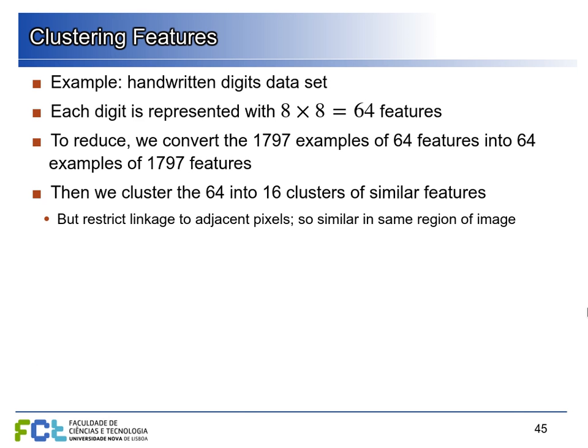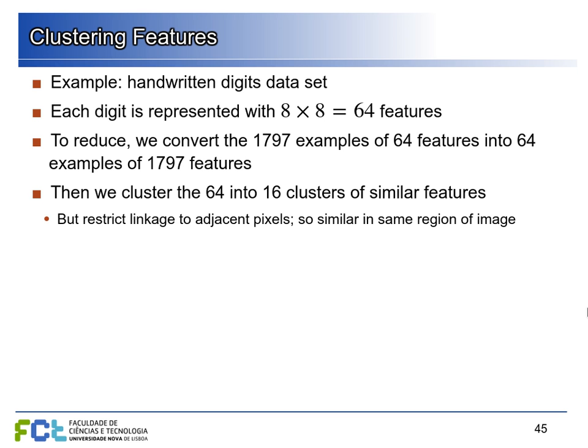Now we're going to cluster these 64 pixels into 16 clusters using agglomerative clustering, but we want to restrict the clustering to group together only pixels that are adjacent in the image. So even if one pixel has values that are similar to another somewhere else in the image, we don't want them to link together unless there is a region of similar pixels that makes all of these a single cluster.